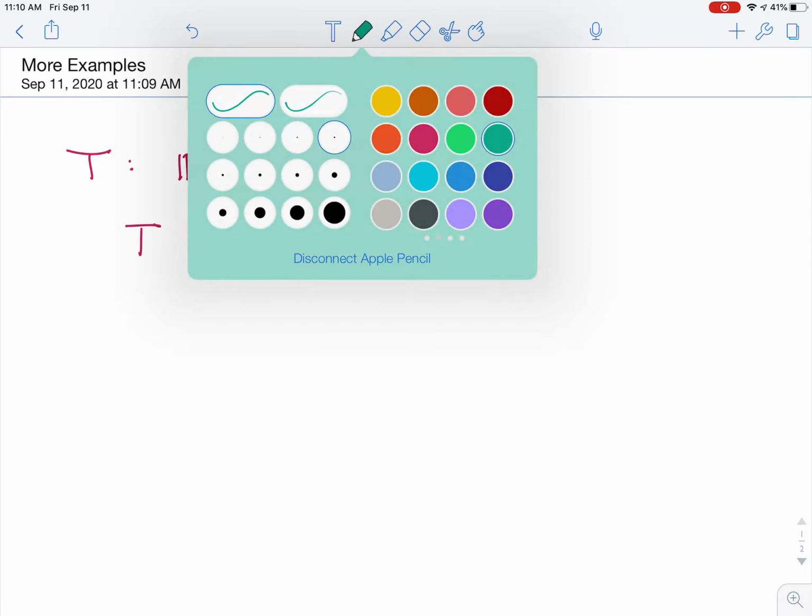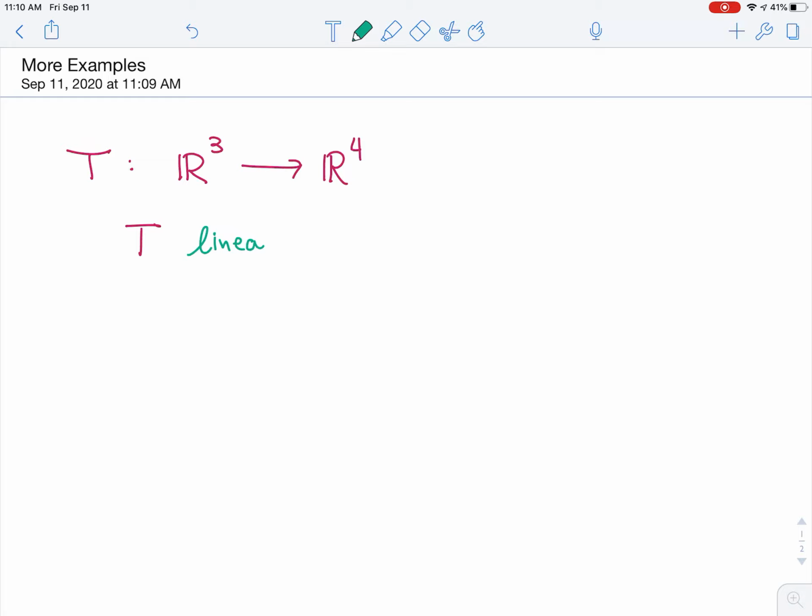And so what we learned today is that some functions, let's just do an example, say we have a function from R3 to R4, and imagine we know it has a special property called being a linear function.